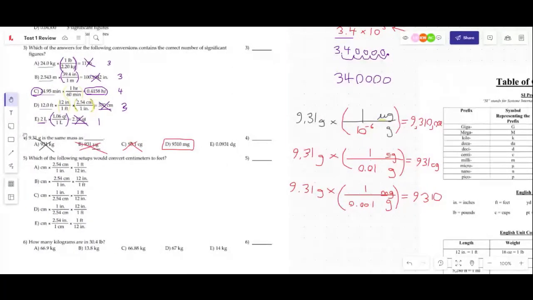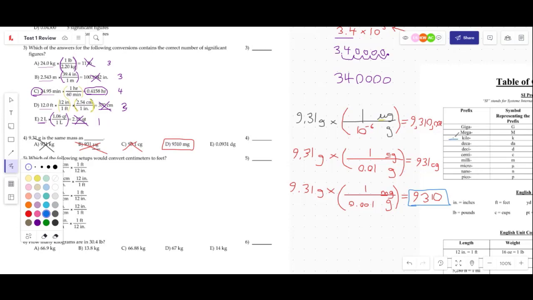Now, just as an FYI, one of the reasons I usually prefer to use the meaning of the prefixes, instead of using 1,000 milligrams, is that if you look at kilo over here, kilo also means 1,000.